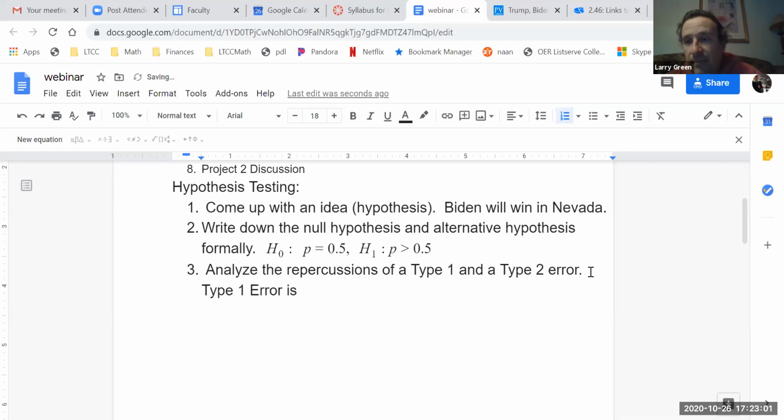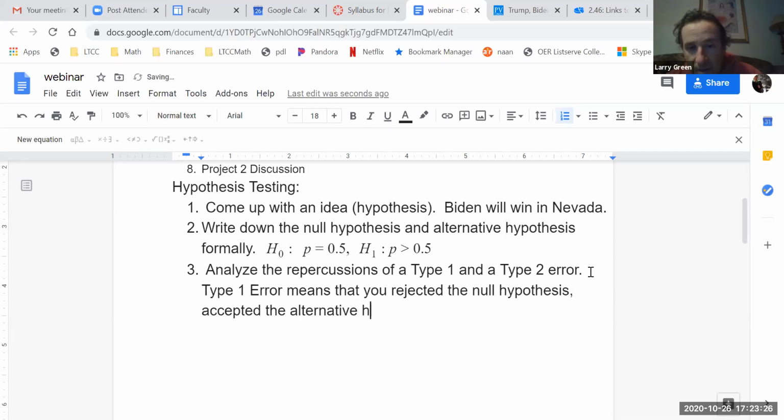A type 1 error means that you rejected H naught, the null hypothesis, you accepted the alternative hypothesis, but the null hypothesis is actually correct. Any questions on that?